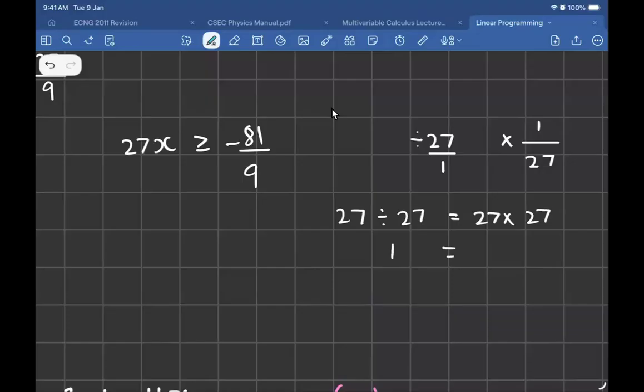And let me do some real fast mental maths here. I think 729. That's what it's telling me. It's telling me 1 is equal to 729. So dividing by 27 does not mean multiplying by 27. It means multiplying by the inverse, which is 1 over 27. Okay, do you understand? I want to make sure you understand the logic behind that.